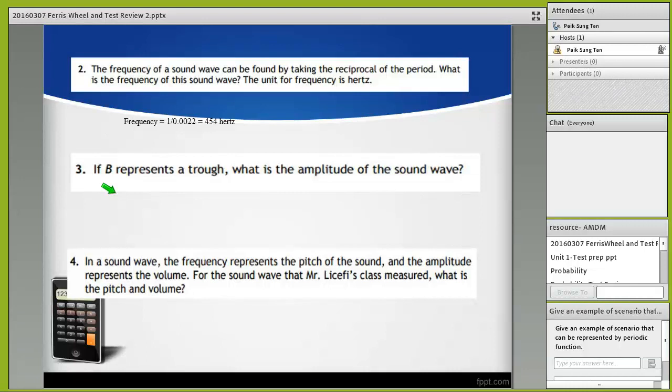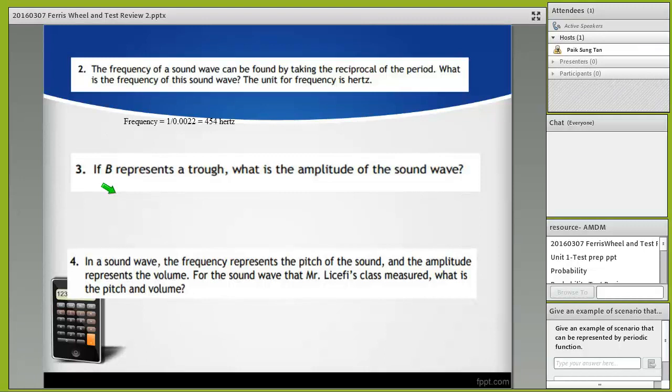The amplitude is half of it, so it is equal to 4 divided by 2, which is 2. Okay.